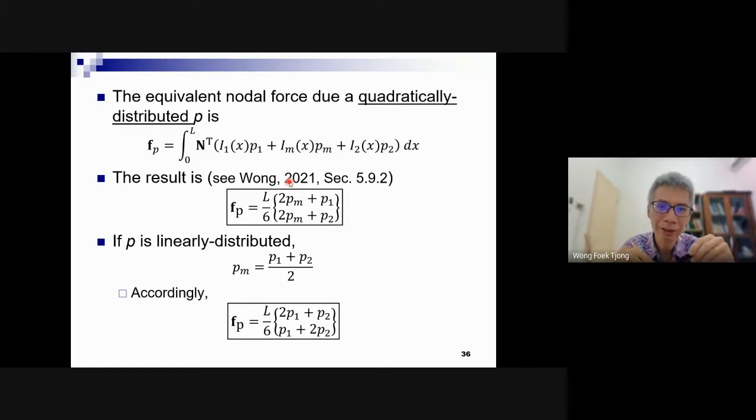So this is the equivalent nodal force due to P. If we know PM, P1, and P2, we can calculate: this is the length of the element divided by 6, 2 times PM plus P1, and this is 2 times PM plus P2. That's for a quadratic force distribution like this.